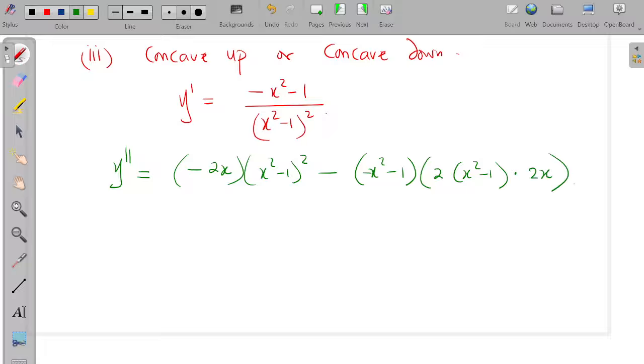That's what we have. All over x squared minus 1 raised to power 4.